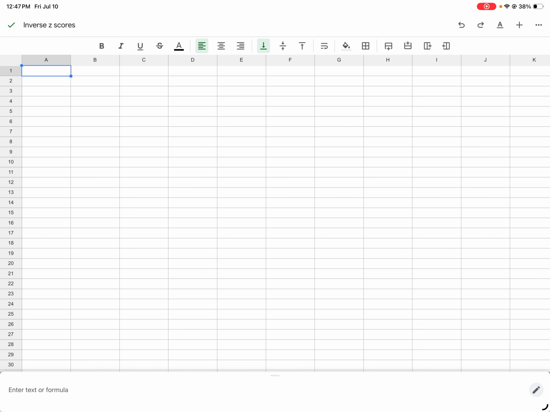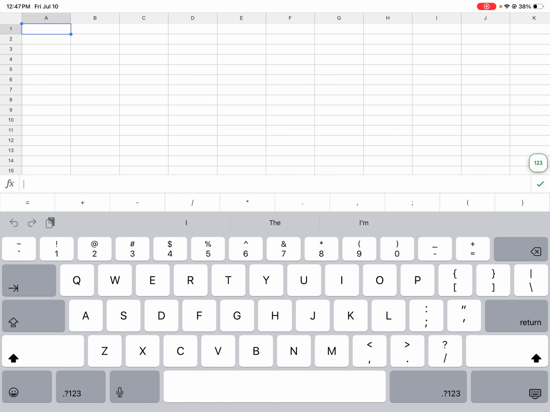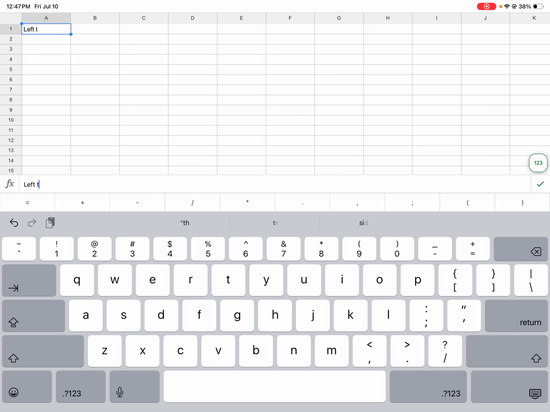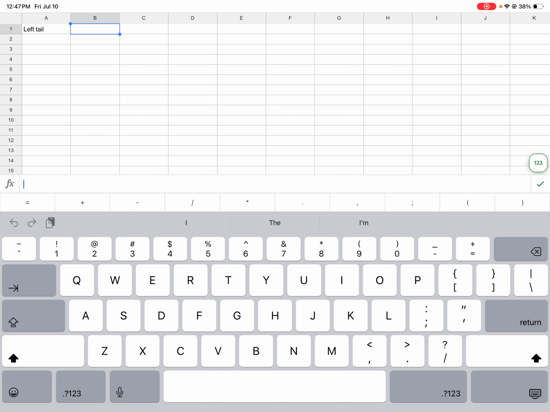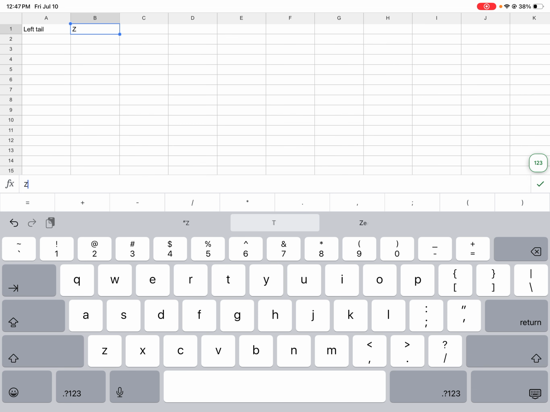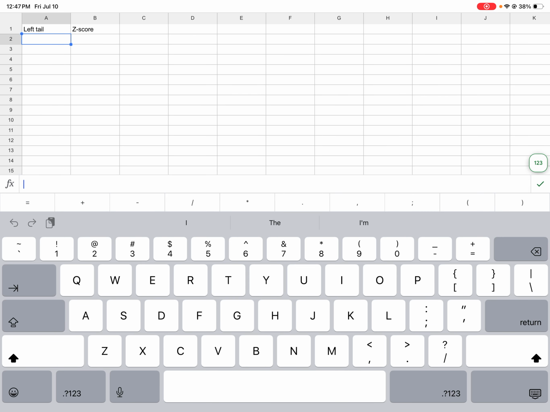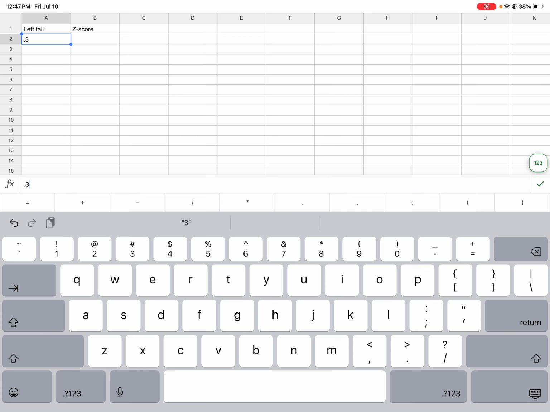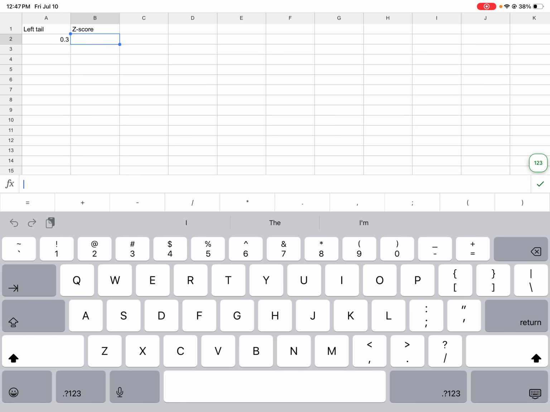I'm going to type in, just to make sure it's nice and clear for the rest of the time, this is where I'm gonna put the left tail probability that we want, and this is gonna be the z-score that's associated with it. So we said we wanted a left tail of 0.30. So we want to know what z-score has 30% of the data below it, has a left tail of 0.3.